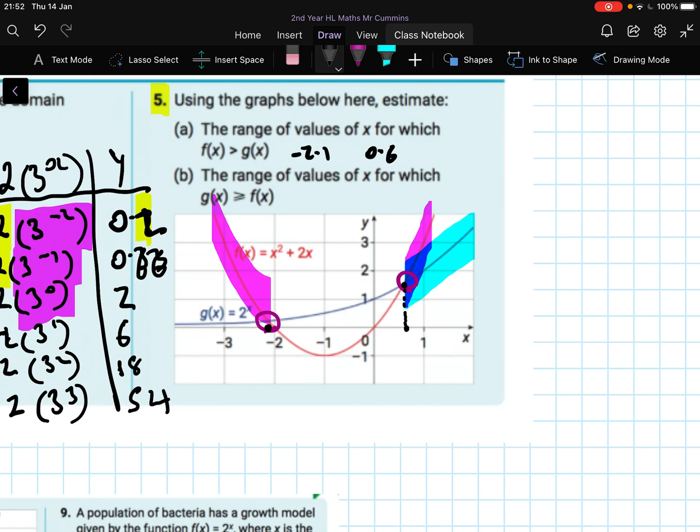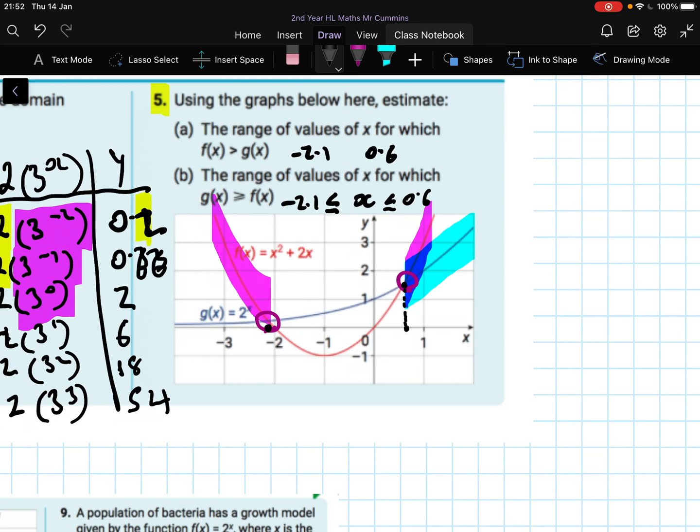So everywhere below that. And the last one then is the range of values for which g of x is greater than or equal to f of x. So where is g of x greater than or equal to f of x? Well, if we put x in the middle, as per the last exercise, x is going to be greater than or equal to -2.1 and less than or equal to 0.6.